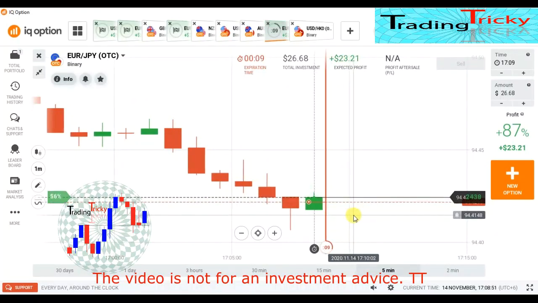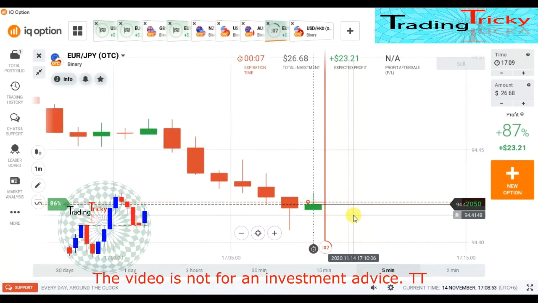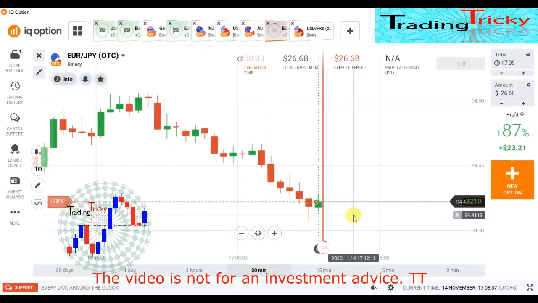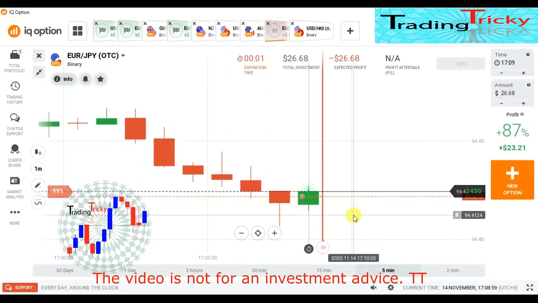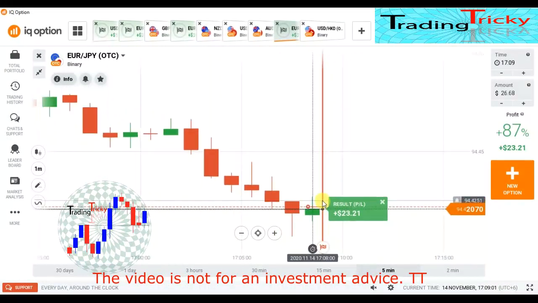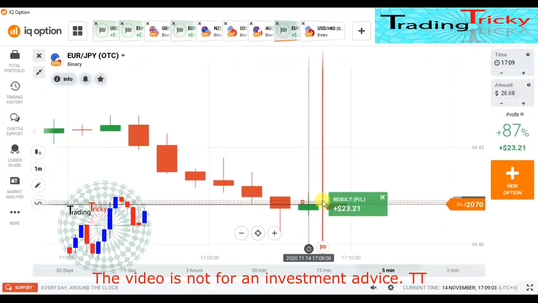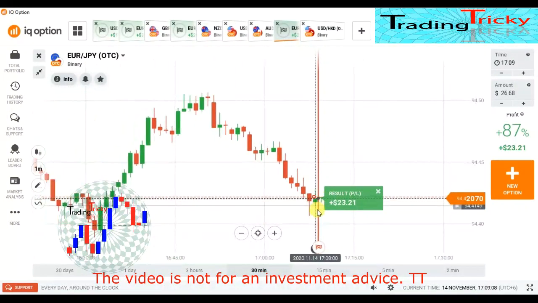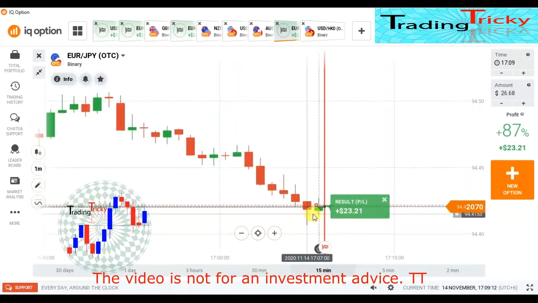Okay, so I think I can lose this trade, but at the end, what happened? Okay, at the end, oh, luck. Though the candle made a green, I still won this trade. This candle made a green candle because of this strong rejection.